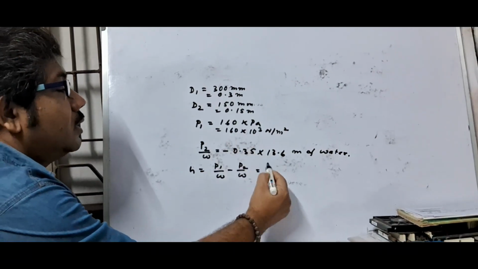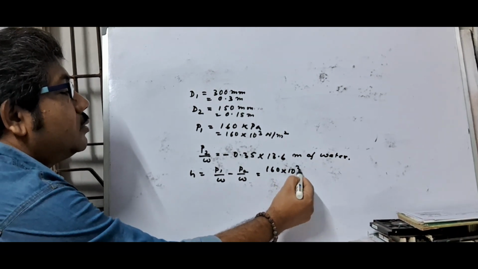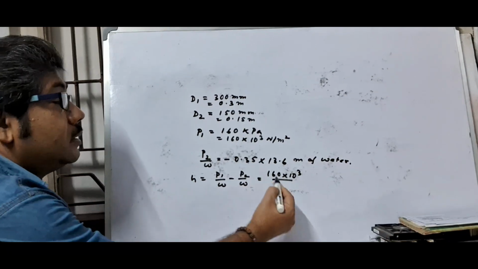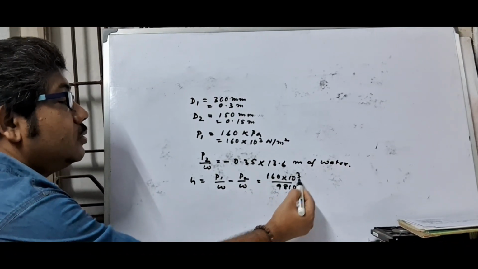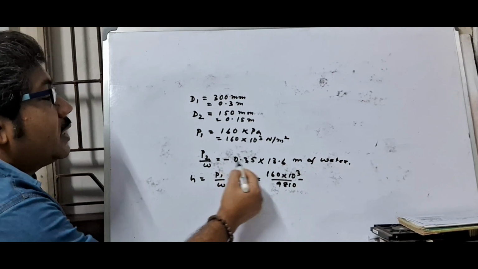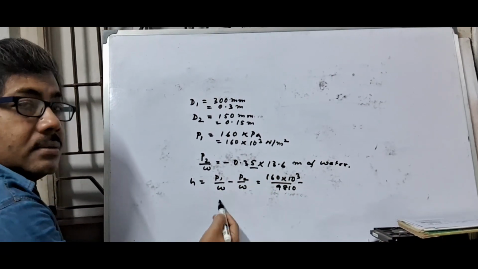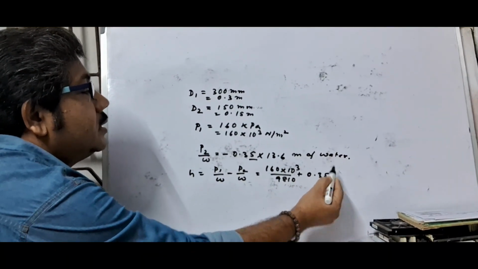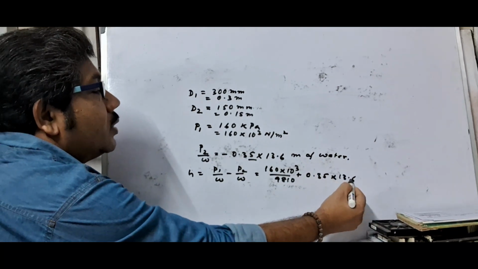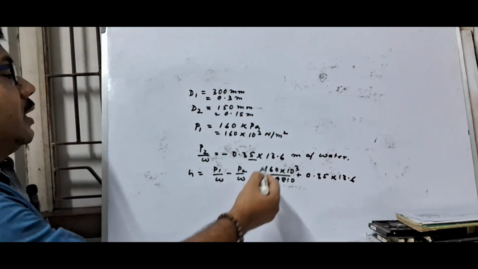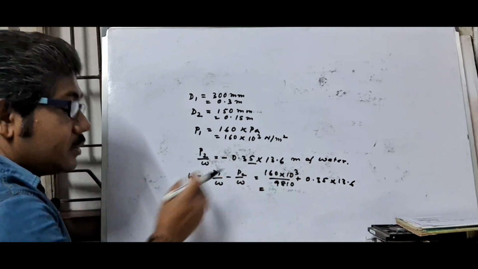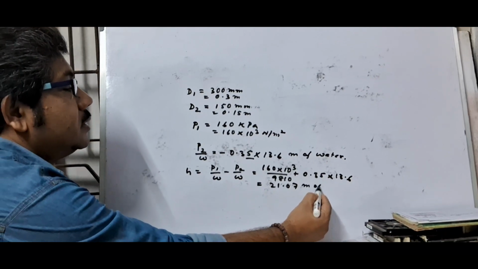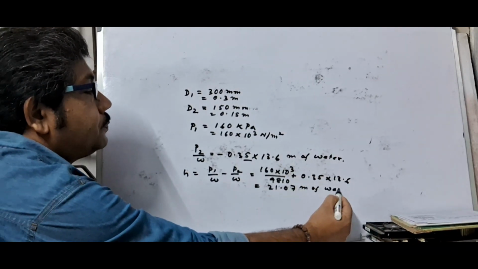So here P1 is 160 into 10 to the power 3 by omega, the specific weight of water, this is 9810, and minus P2 by omega, this value is negative, and minus this is plus 0.35 into 13.6. And you calculate this figure, and this will be 21.07 meter of water.